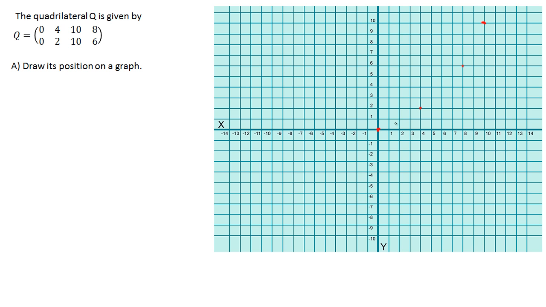So just join the points together, and at the end of that you should have a quadrilateral drawn on your piece of paper. And yes, we do. This is quadrilateral Q. It's also good practice to always include the name, which in this case is Q. Q is the name of this quadrilateral. So that's pretty much it.